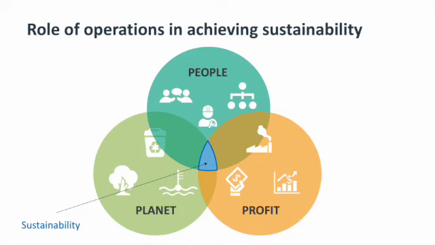But at the same time, because we are a business, we need to look at our profit, and whether what we are doing in operations management is meeting profit. So the intersection of these three is the gold spot. That's where you want to be as an operations manager and as a department.